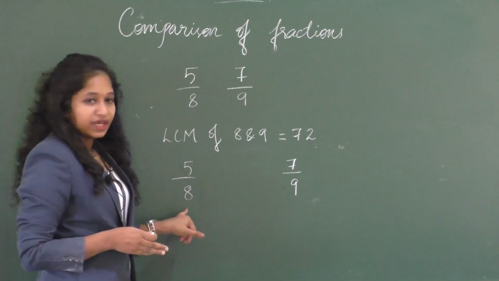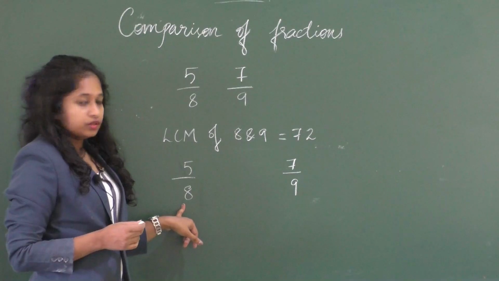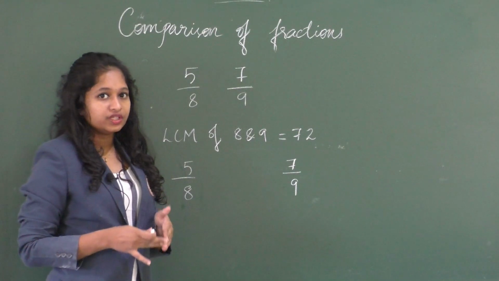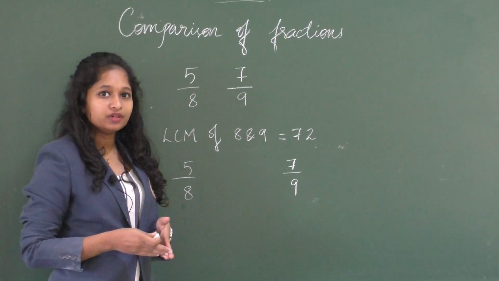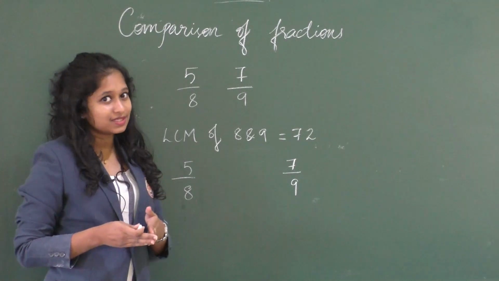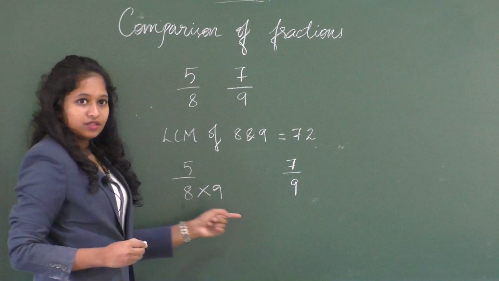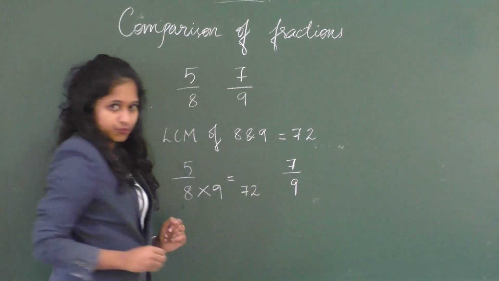Now, look at the denominator. It is 8. You have to multiply 8 with a number so that you will get 72. What is that number? Yes, it is 9. If you multiply 8 by 9, you will get 72.